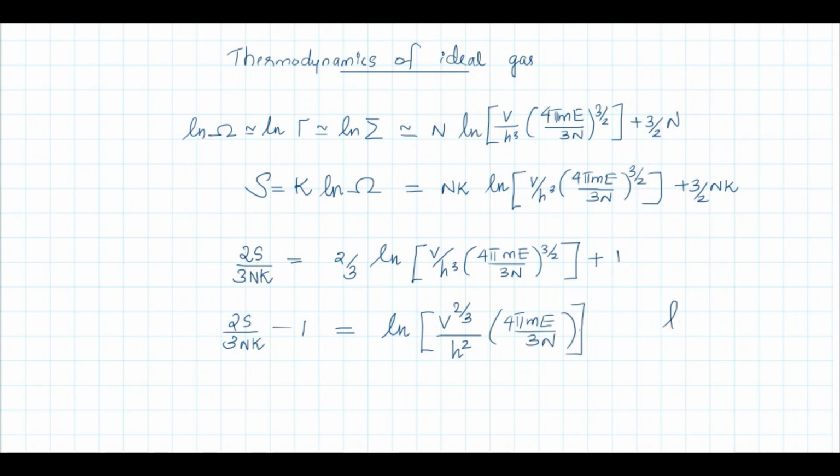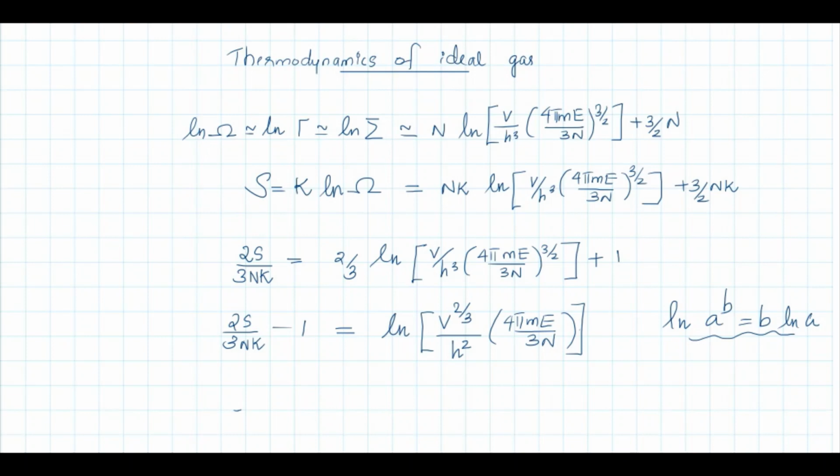Here I used the expression log a raised to b is b log a. Here b is 2 by 3, so 2 by 3 log of a quantity is actually log of a raised to b. So log of V raised to 2 by 3. h raised to 3 whole raised to 2 by 3 becomes h squared. 4 pi m e by 3N whole raised to 3 by 2, that raised to 2 by 3, becomes 4 pi m e by 3N.